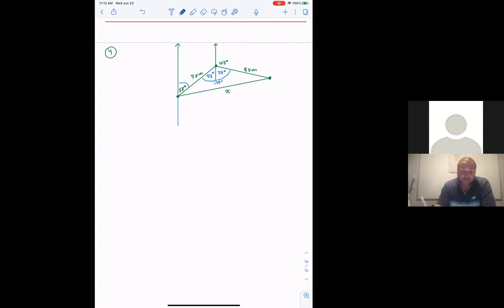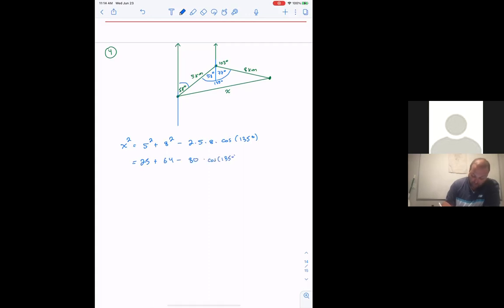And that information then gives you an angle. I can now use the law of cosines because I have two sides and an angle. X squared equals 5 squared plus 8 squared minus 2 times 5 times 8 times cosine of 135 degrees. 25, 64, 80 times cosine of 135 degrees.